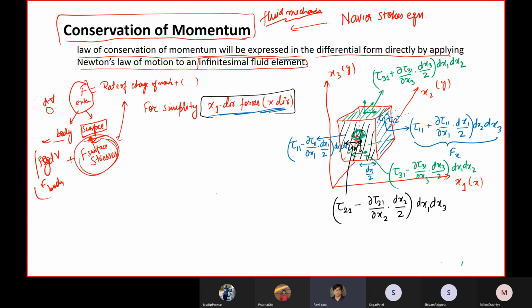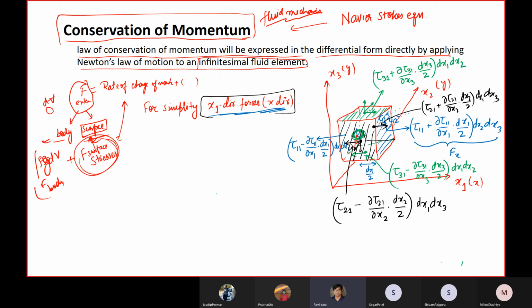Similarly, the backside can also be written. The stress acting will be tau 2 face in one direction plus dou tau 21 by dou x2 times dx2 by 2, times the whole area dx1 times dx3.